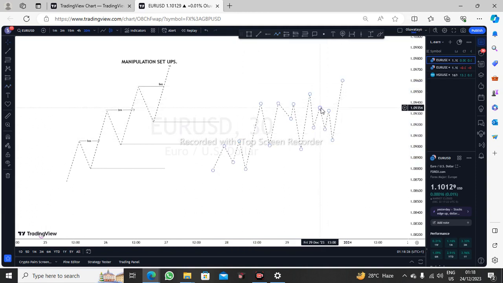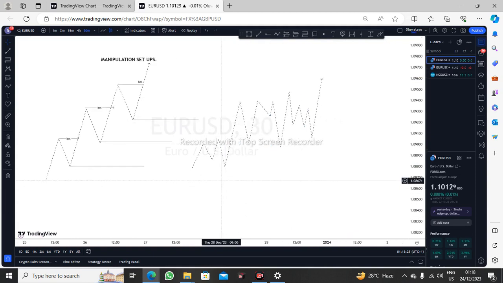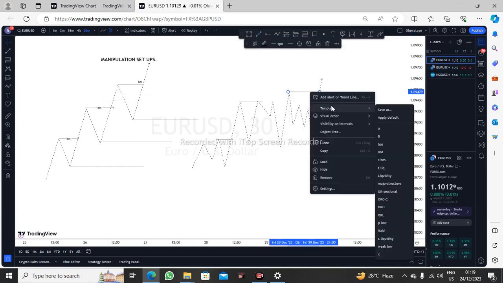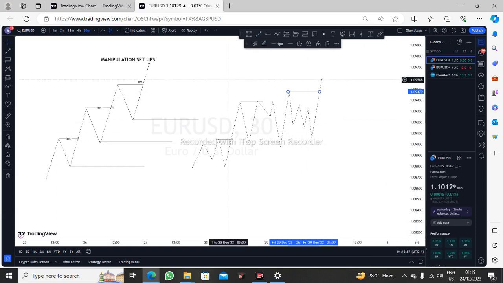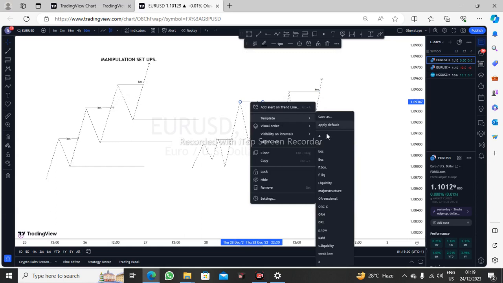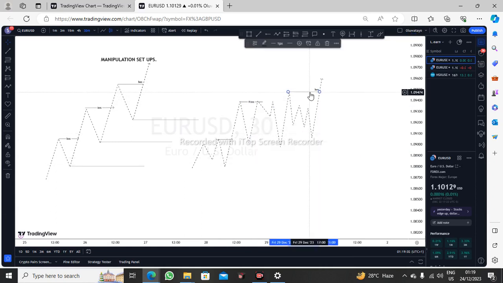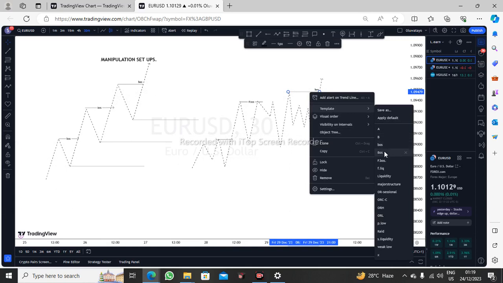So sometimes we see price deliver in this manner, and if we look at all the breaks of structure, we can identify this break, this break, and there was a break here, and this break also. So these are the three breaks in it. This is what I want you to look out for in either a bullish trend or a bearish trend.